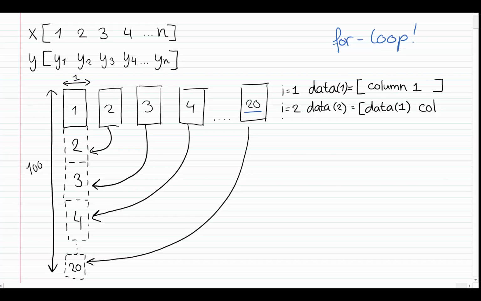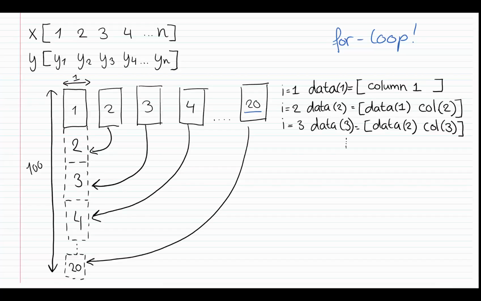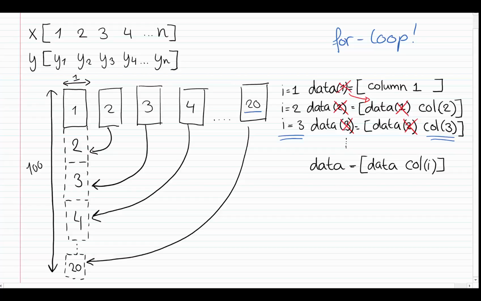We can repeat this with the third vector and so on. As you notice, the column numbers correspond with I, so we can use this index to refer to the right column. Since we are not interested in the steps between, we can just overwrite the vector each step. This means we don't have to use indices for the data, we can just override it.